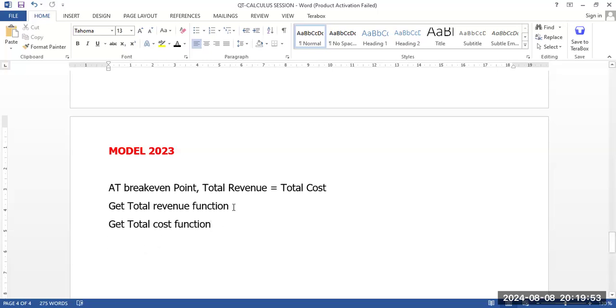Remember, revenue is selling price times quantity. Then to get the total cost function, you get total fixed costs plus total variable cost. So you analyze your question and see.